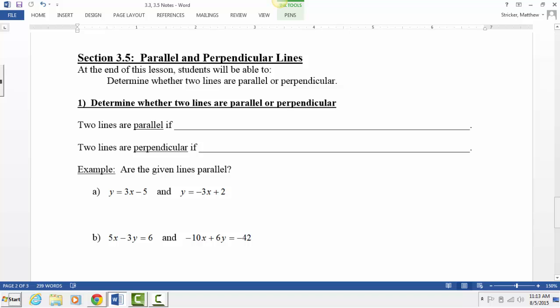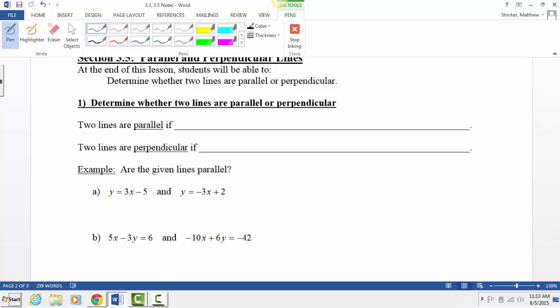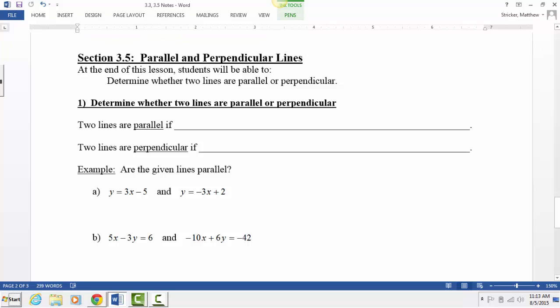So now let's go ahead and move to parallel and perpendicular lines. This is the second section on this video. It starts out with how do we determine if two lines are parallel or perpendicular? And really all you need to do is look at the slope. What do we know about parallel lines?